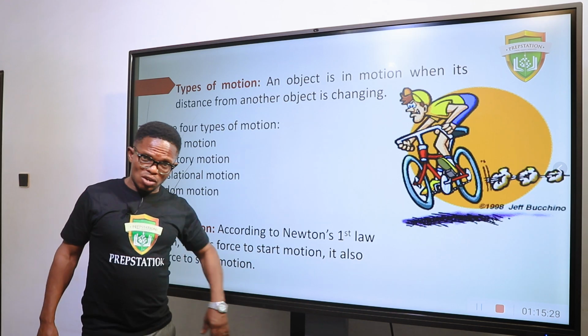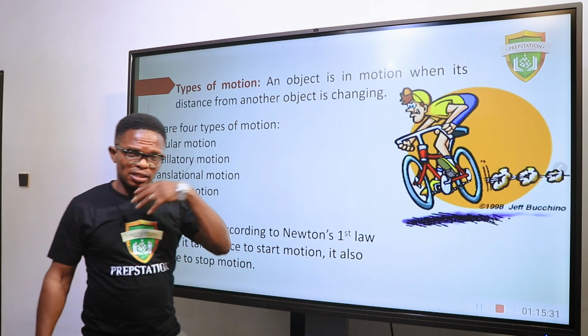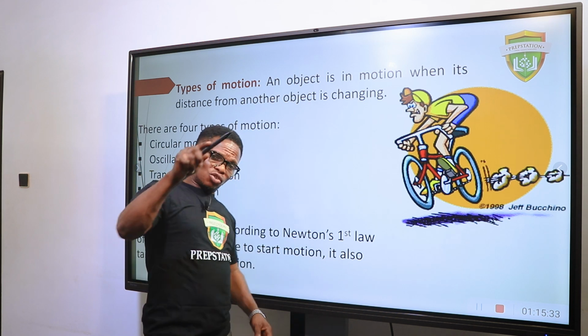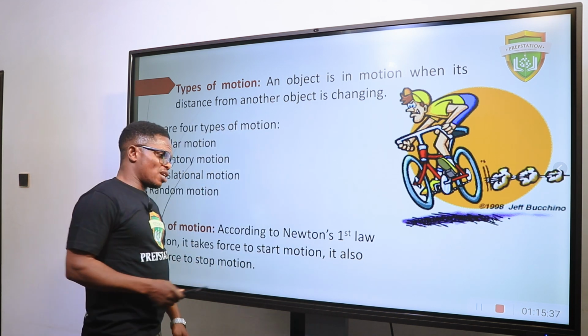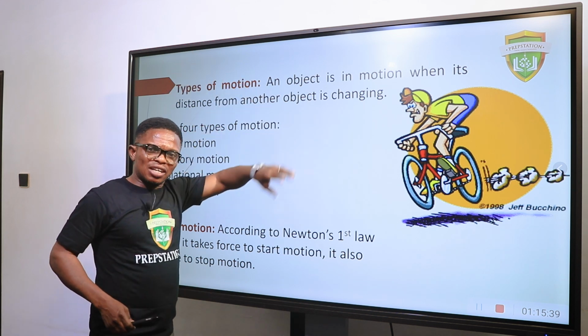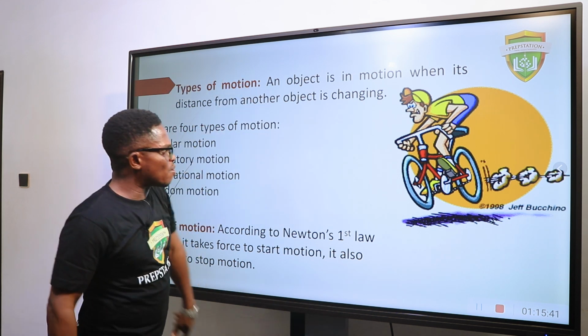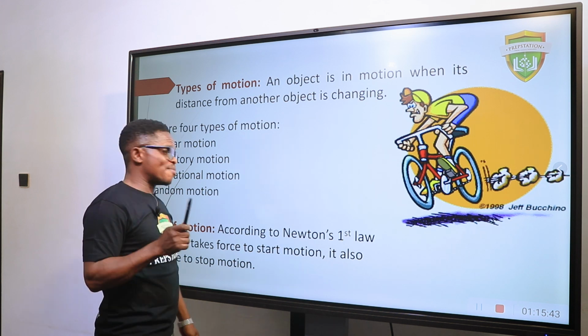The study of the different types of motion exhibited by a body is called kinematics, while the study of the force associated with each type of motion is called dynamics.